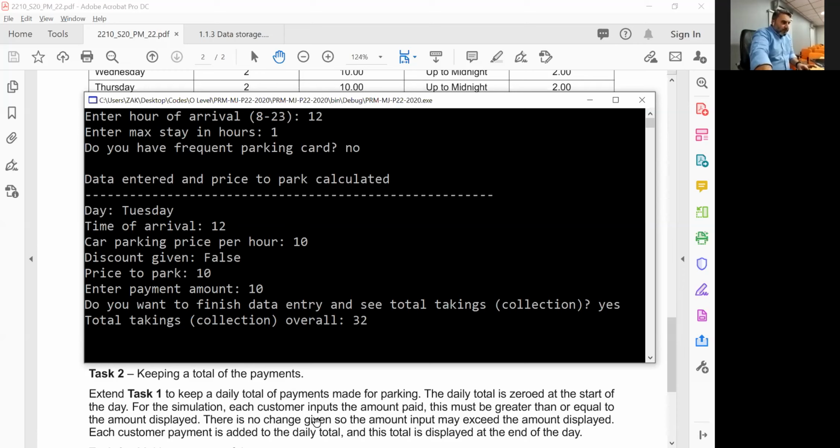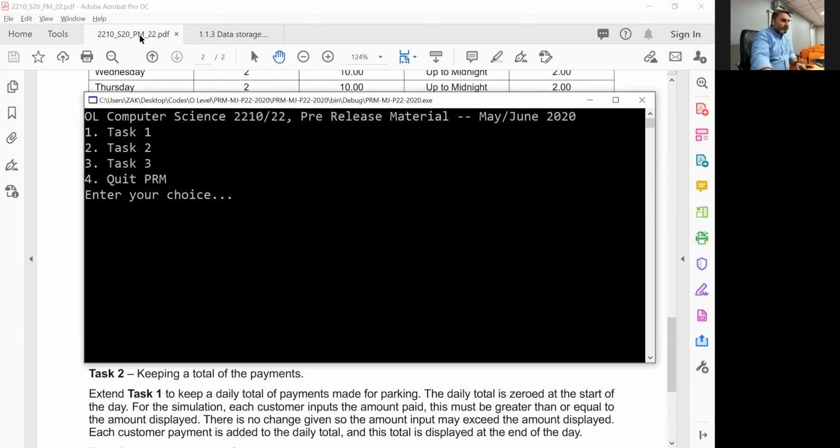There is no change given, so the amount may exceed the amount displayed. Each customer payment is added to the daily total. That is what's happening. And when we finish the day, it shows the total takings collections overall. And this total is displayed at the end of the day. So it is done.